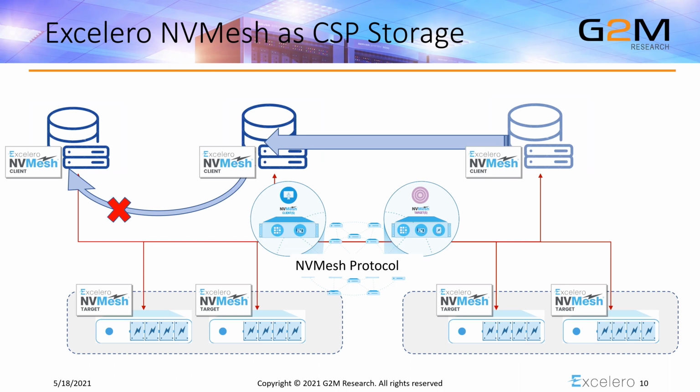It has no east-west traffic. The NVMesh control path is highly resilient and cell-based. And in addition, we have the NVMesh protocol, which is both scalable, production grade, and is able to bypass the target CPU to achieve really groundbreaking performance density at scale.